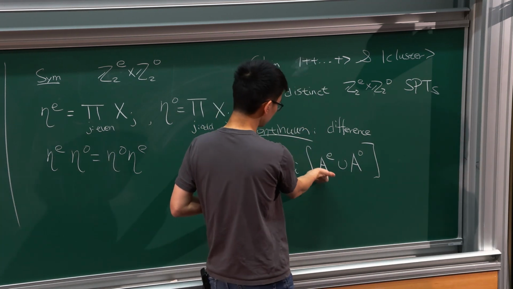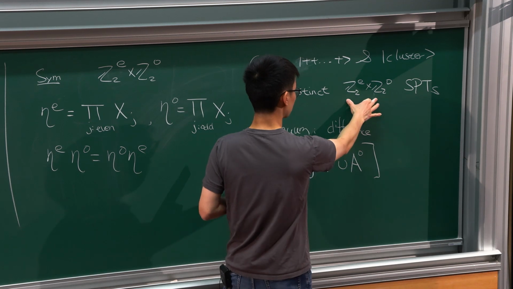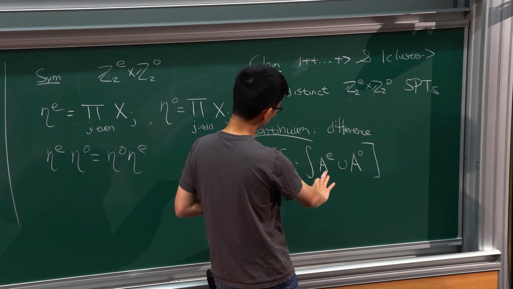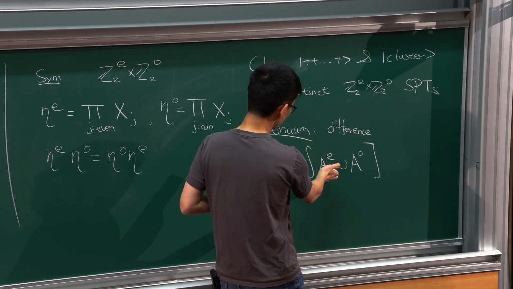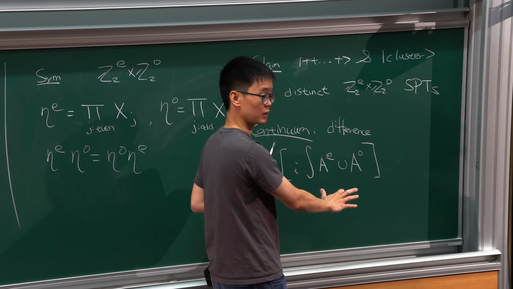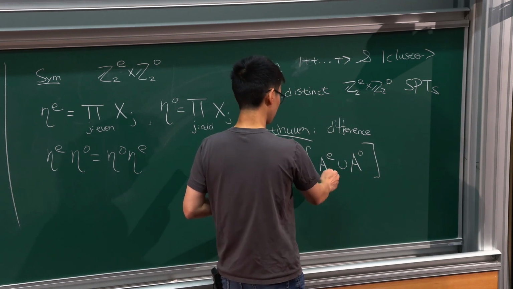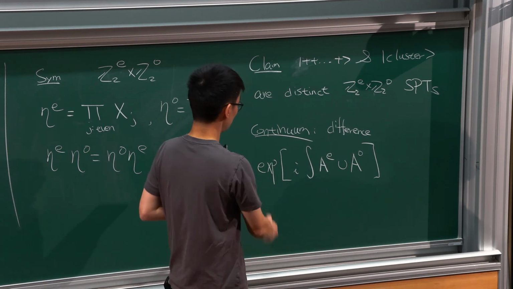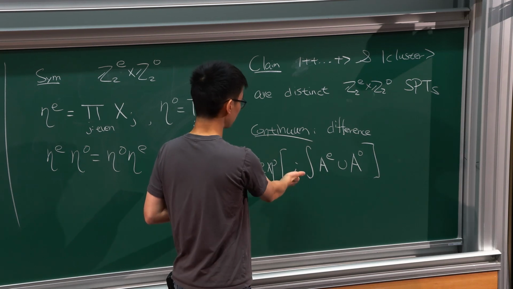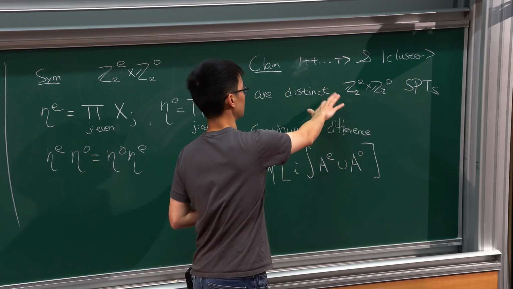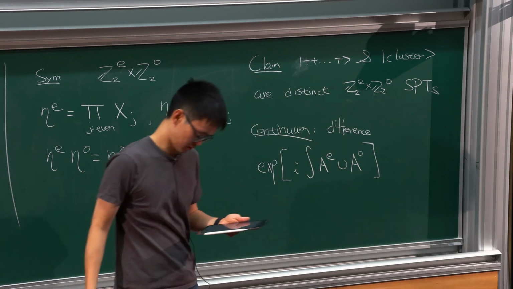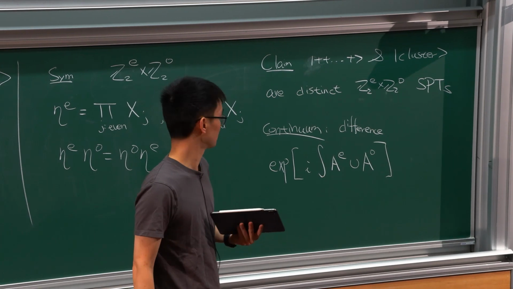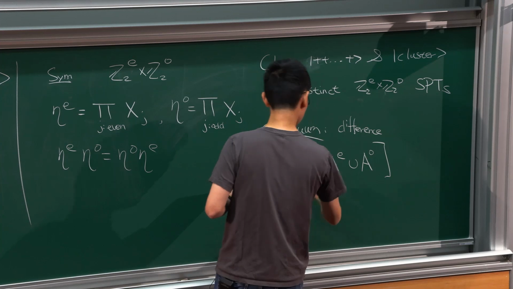You can introduce discrete Z2 gauge fields, A even and A odd, for the two factors of Z2. I'm not going to use the continuum language that much, but these are background gauge fields. We're not path integrating over them. And this is a cup product, and this gives you some two-dimensional topological action. And the moment you exponentiate it, this is a phase. And that captures exactly the difference between these two SPTs. There's a missing pi in the exponent? There is a missing pi in the exponent. Yes, thank you.